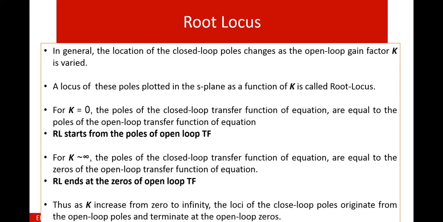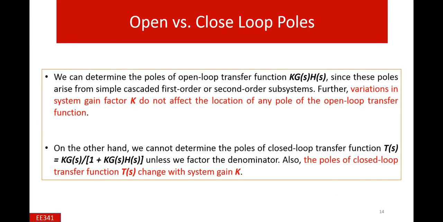Both are the same concept. Actually, root locus is the path of closed loop poles. With the variation of k, the position of the open loop poles does not change. The position of the open loop poles is the starting point, and the closed loop poles change accordingly.